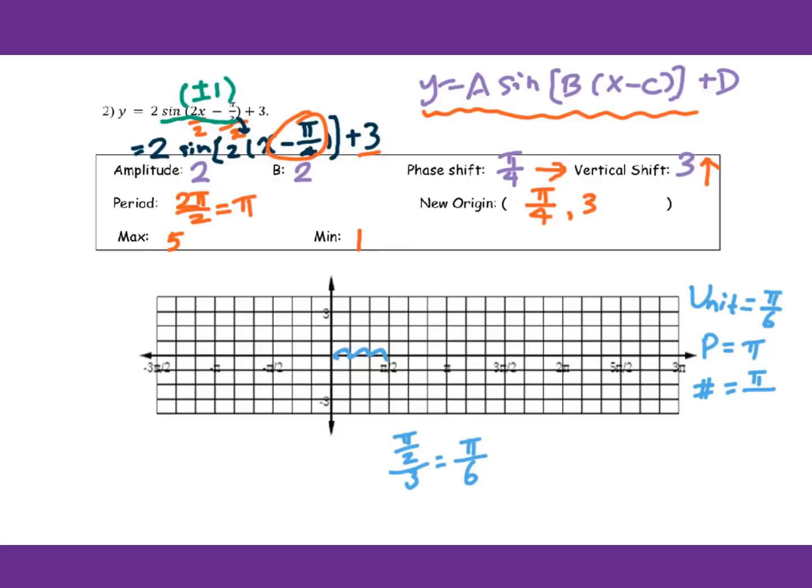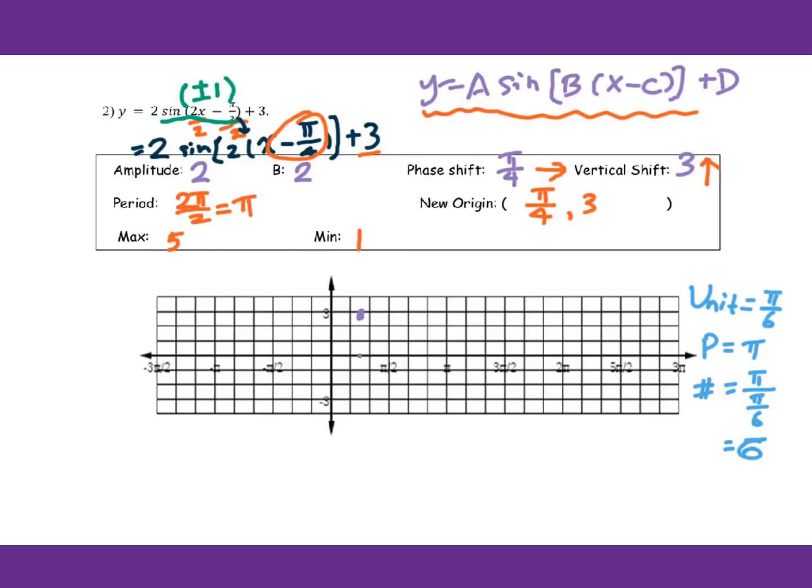We do pi over 6. That is 6. Let's get the new origin, pi over 4 and 3. Pi over 4, that's here. 3. 1, 2, 3. That's here.